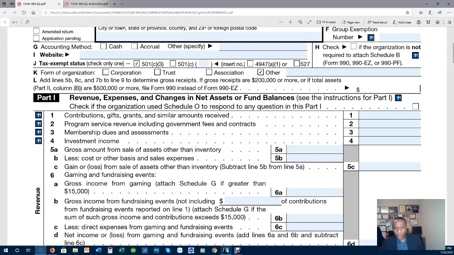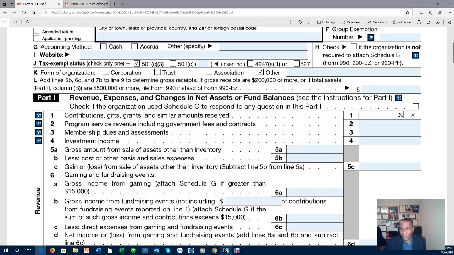Part one of the form is where you enter your revenue, expenses, and change in net assets or fund balances. You would check if the organization used Schedule O to respond to any question in this part 1. Line 1 would be your total contributions, gifts, grants, and similar amounts received.